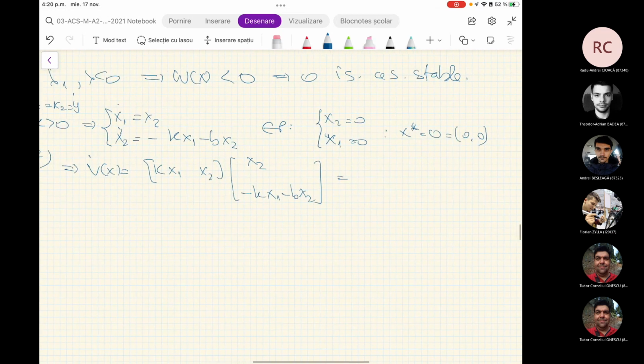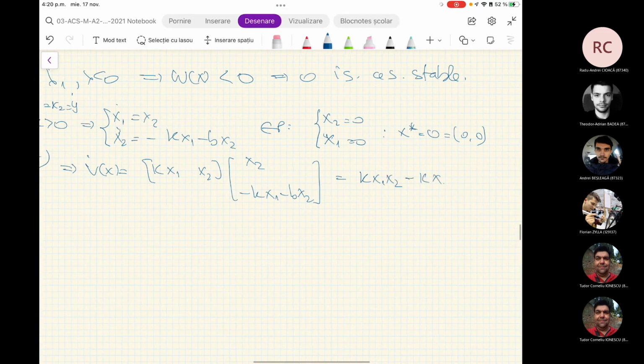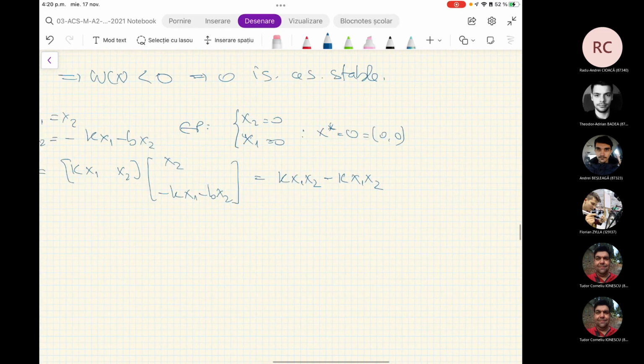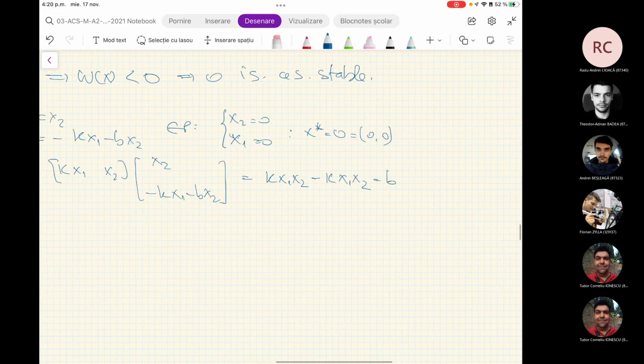So this is k x1 x2 minus k x1 x2 minus b x2 squared. They cancel each other. And this is again negative semi-definite for all x1. So the origin is stable.